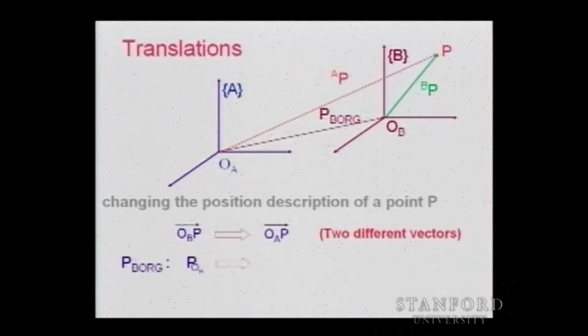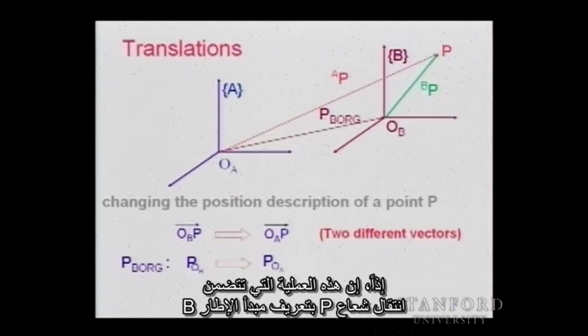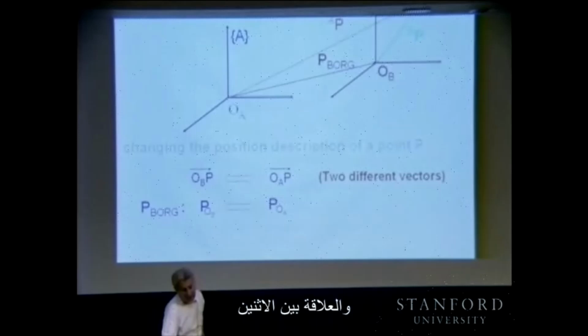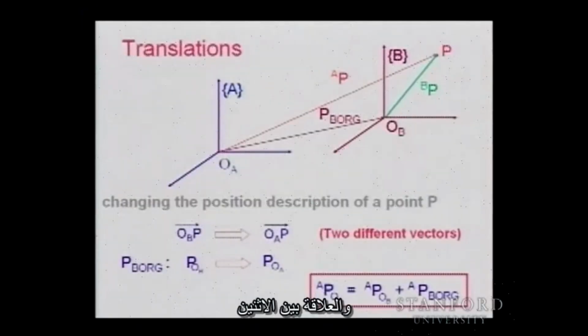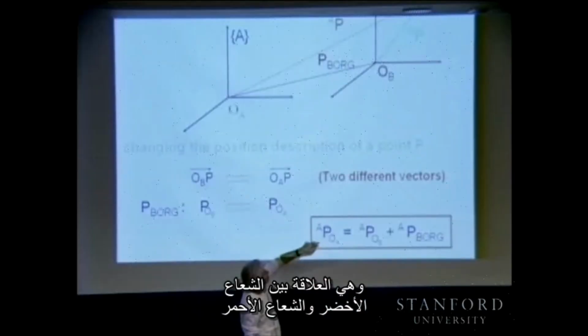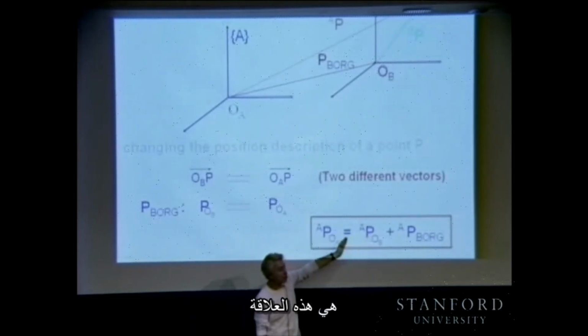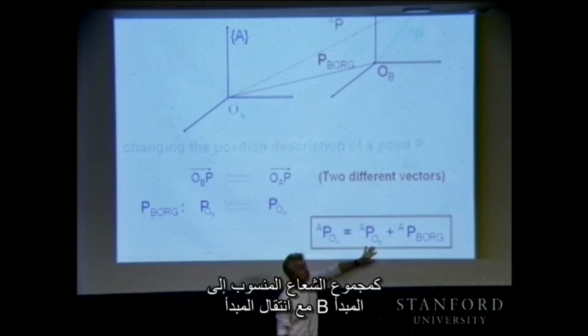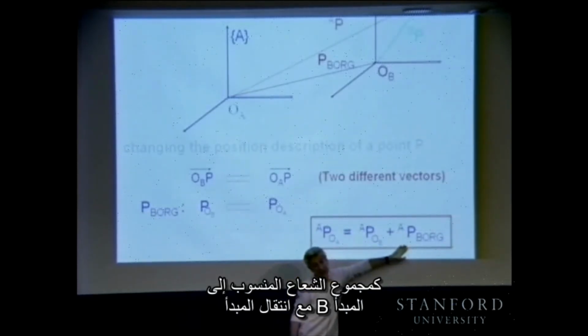So this operation that involves a translation of a vector P defining the origin of frame B is changing the description from origin B to origin A. And the relationship between the green vector and the red vector is essentially this relation that is giving us the vector with respect to origin A as the sum of the vector with respect to origin B and the translation of the origin.